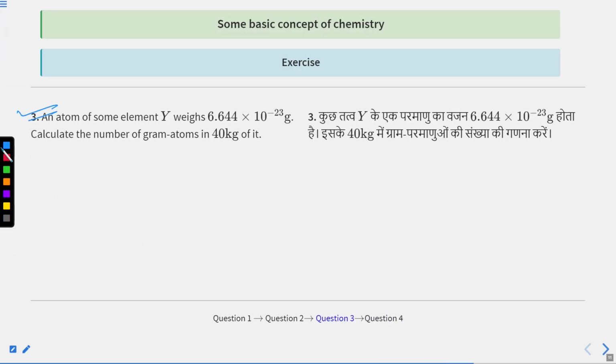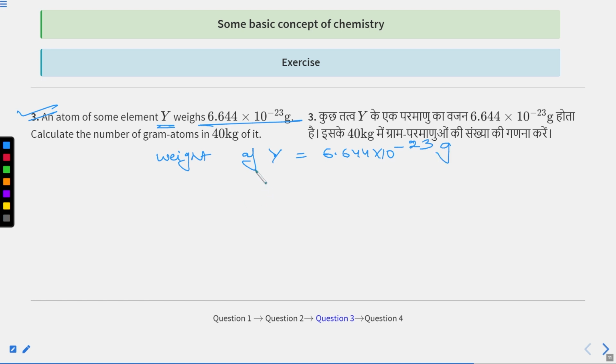Next question is question number 3. We are doing exercise question number 3. An atom of some element Y weighs 6.644 into 10 raised to the power minus 23 gram.